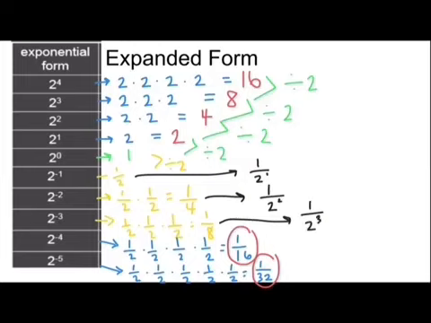So by putting that 1 on top as your numerator, we're simply eliminating that negative exponent. So we're keeping it as a positive exponent. So this is 1 over 2 to the 4th. And 2 to the negative 5th is the same thing as 1 over 2 to the 5th.